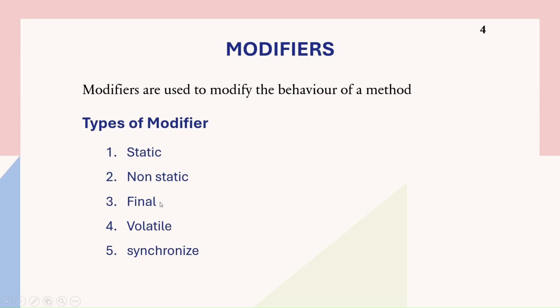Your method can behave like a final. Volatile and synchronized, we are not going deep in this video. If you want a video on this topic, I will make it in another lecture, after the OOPs concept is done, then I'll teach you more about the modifiers and access modifiers. Now that is enough to understand what are the modifiers in Java and access modifiers in Java.